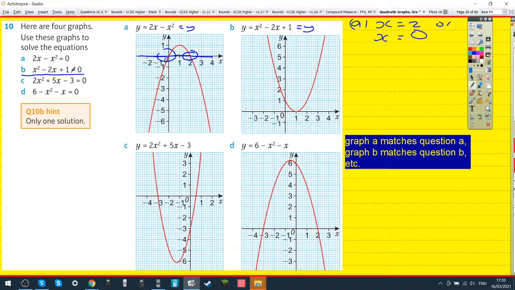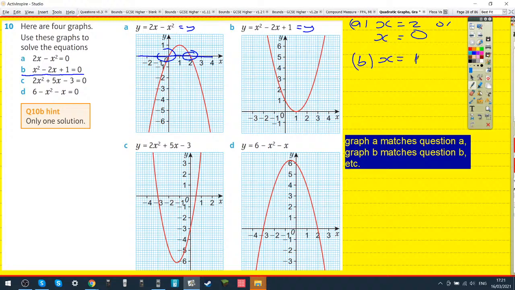So where is the graph equal to 0? It's equal to 0 on just 1. Yep, when x is 1.